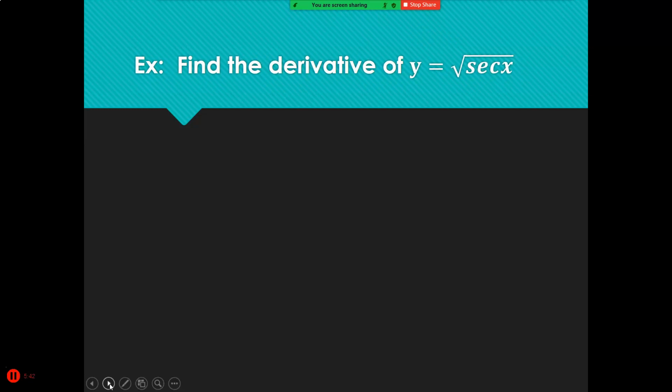All right. So what is my outside function? What is my inside function? So what's the derivative of a square root? What's the derivative of secant?